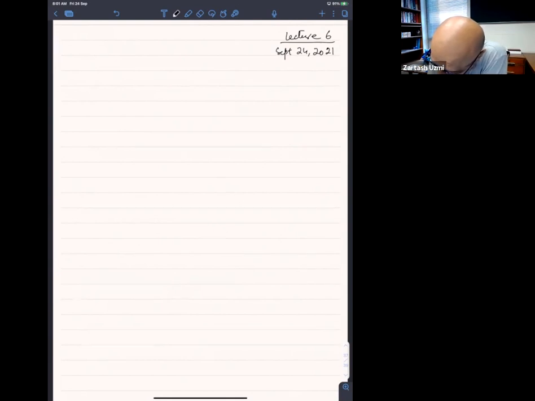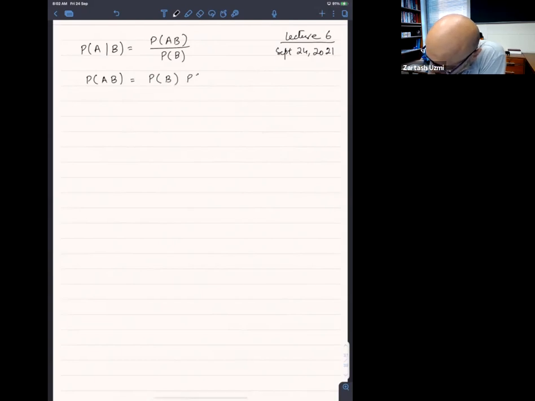So conditional probability, we defined the conditional probability of an event A given B as the probability of A and B together divided by the probability of B. This can also be written as the probability of A and B happening together is equal to the probability of B times the probability of A given B. Or it can also be written as, because the probability of A and B is the same as the probability of B and A, the probability of A times the probability of B given A.